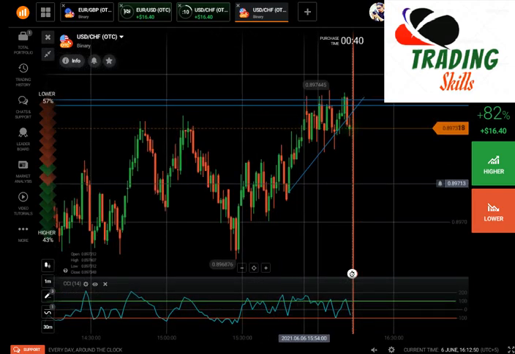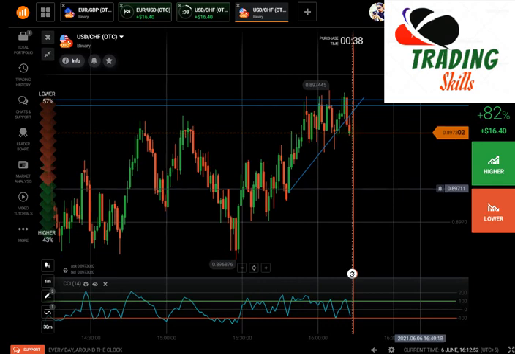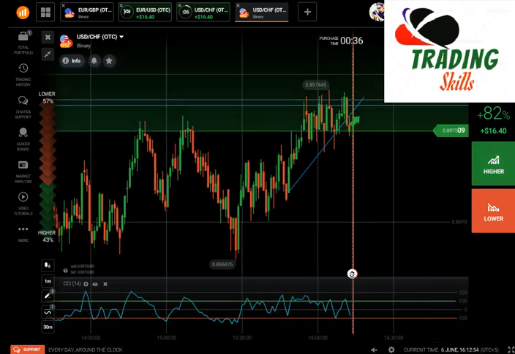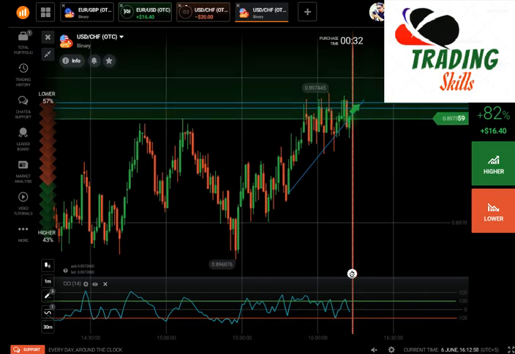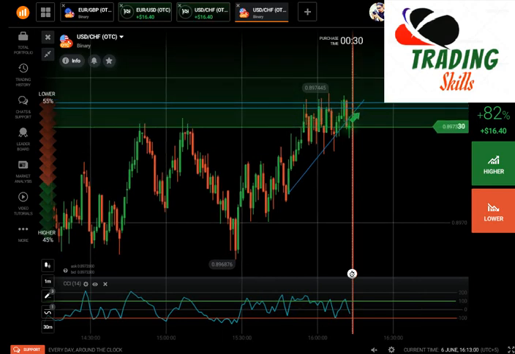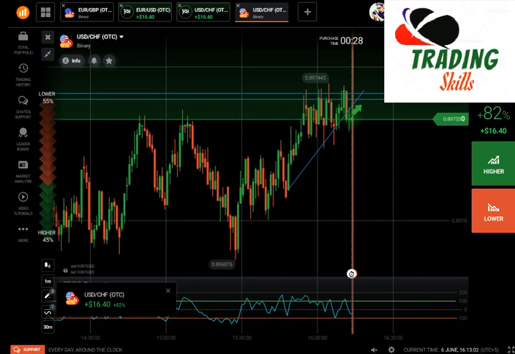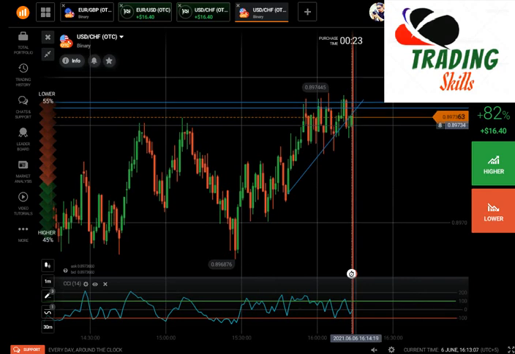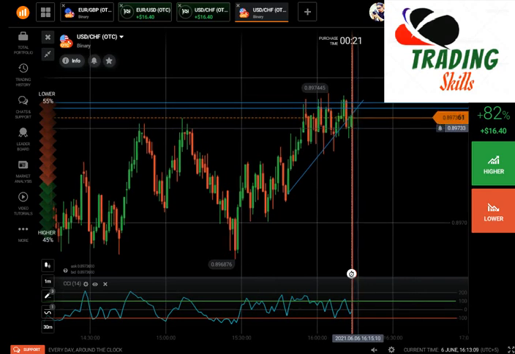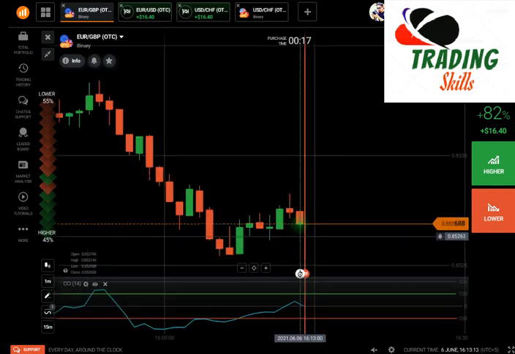So now after this candlestick, I'm expecting here a buyer's entry. So buyers are entering into the market. So now you can see I won my trade with the margin of safety, but buyers entered, so no issues. I want to analyze another market.